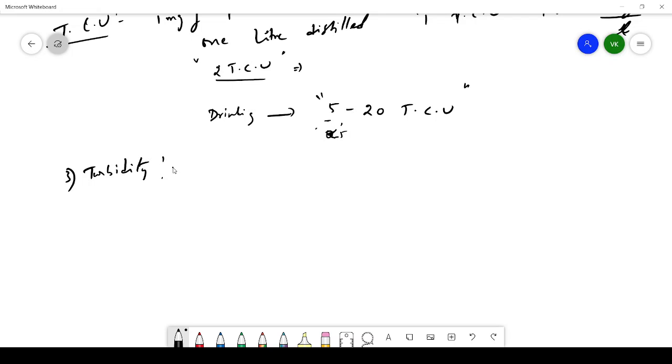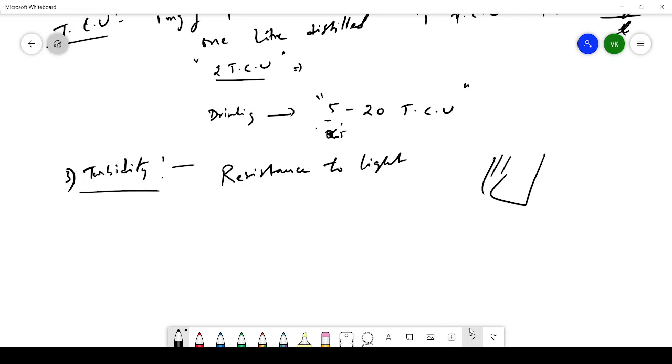Turbidity is nothing but resistance to the light.